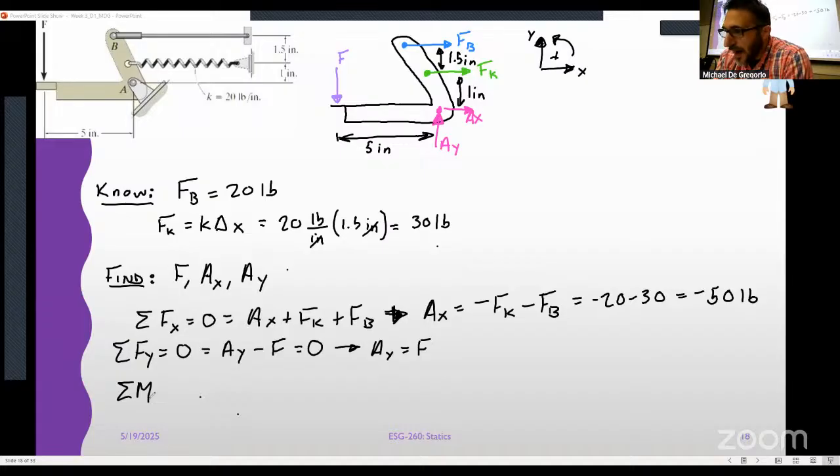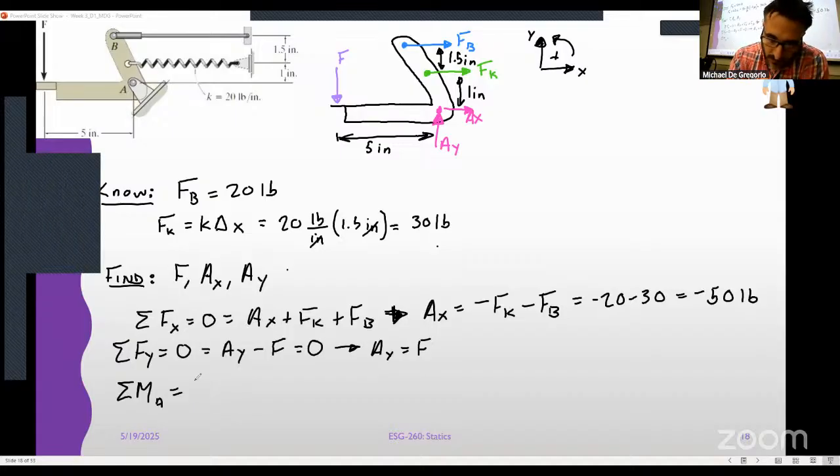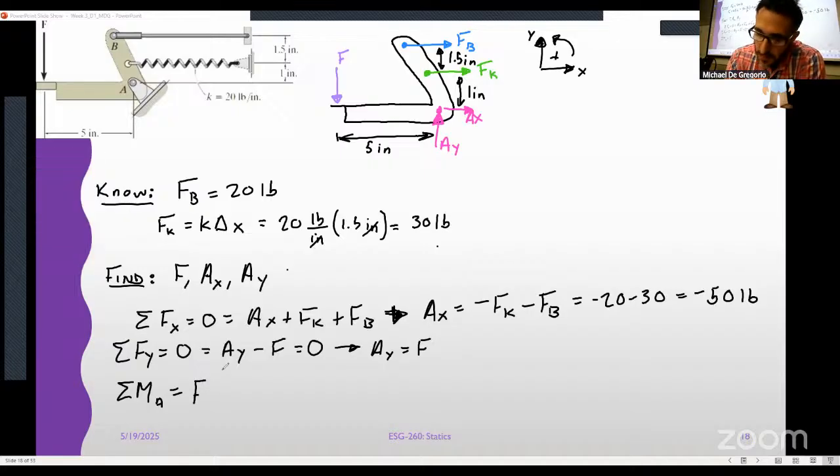Sure. I would take it at A because it cancels the most amount of things, right? So if we take the moment at A, I don't have to worry about anything that passes through A, right? What's the moment due to F? Force times 5 inches.